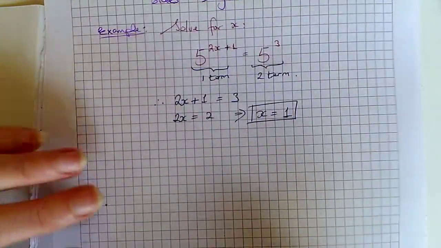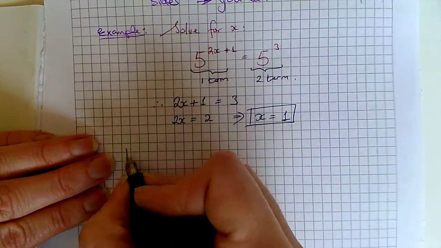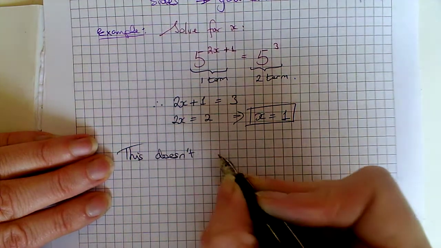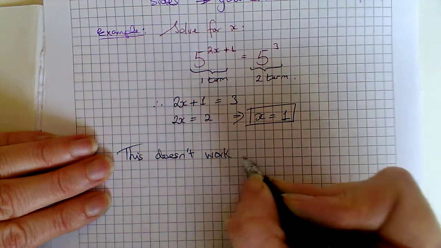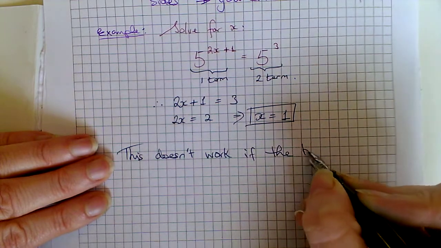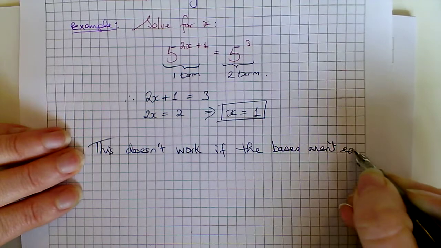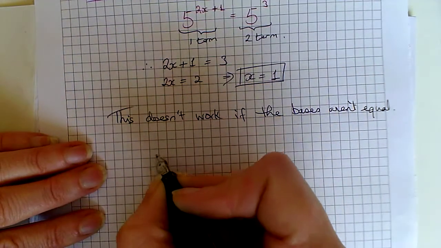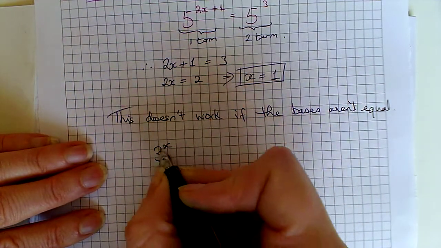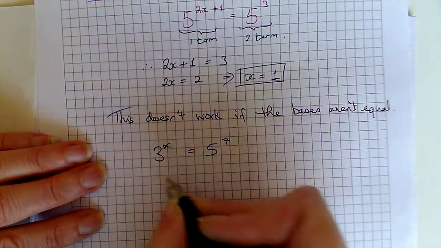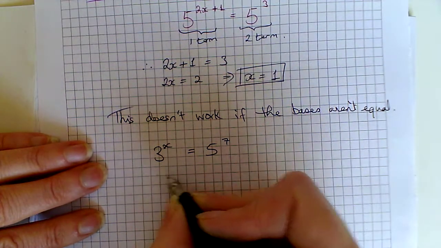Okay, this doesn't work, and it's really important that we note this. This doesn't work if the bases aren't equal. So if we have something like 3 to the power of x equals 5 to the power of 7, we can't use the laws of indices to solve this.